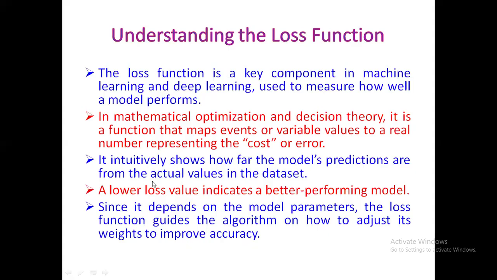In simple terms, it tells us how far the model's predicted value is from the actual value in the data set. A lower loss indicates better accuracy, while a higher loss shows that the model needs improvement. If you are getting a higher loss, we have to go for further enhancement or improvement.